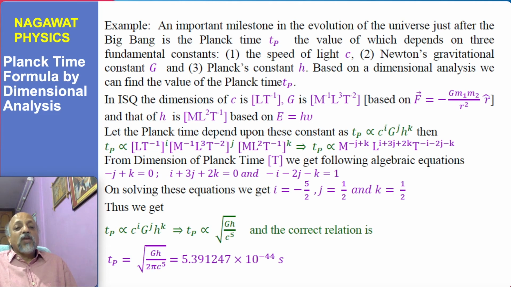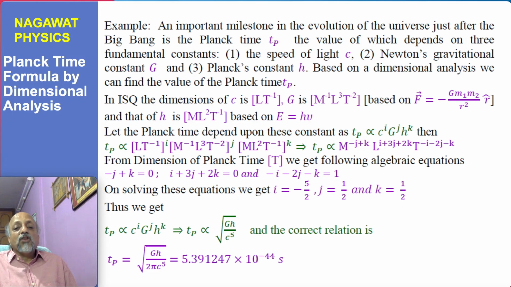So by using ISQ, the International System of Quantities, I can describe the dimensions of these three constants c, G and h. These are given here in the slide. c being the velocity or speed of light has dimension of L T inverse. The dimension of G can be obtained from this expression, and it will have the same dimension as force multiplied by r squared divided by mass squared.